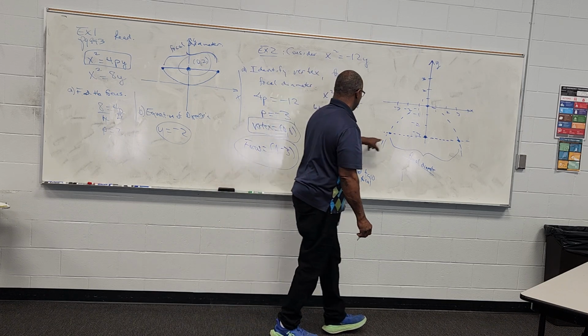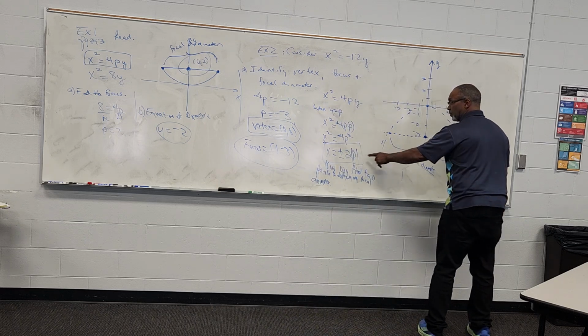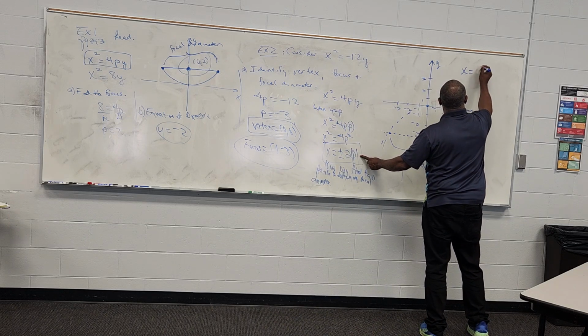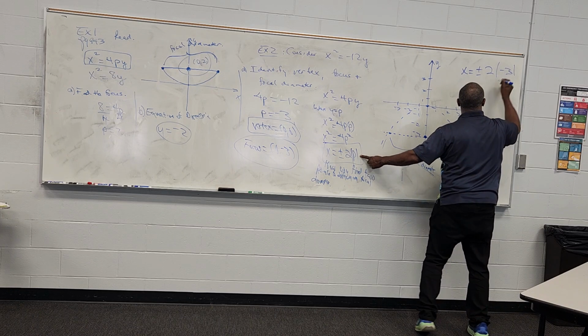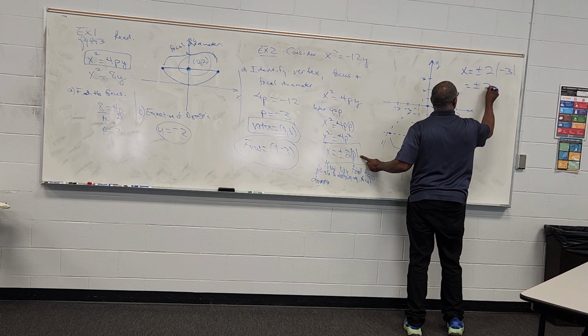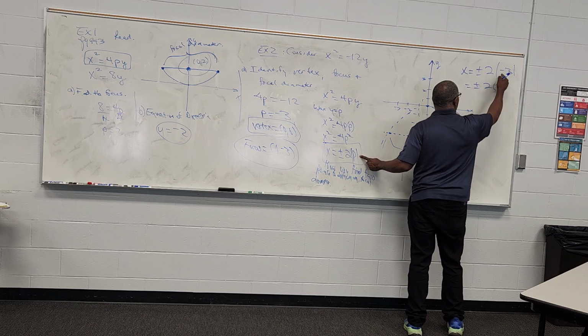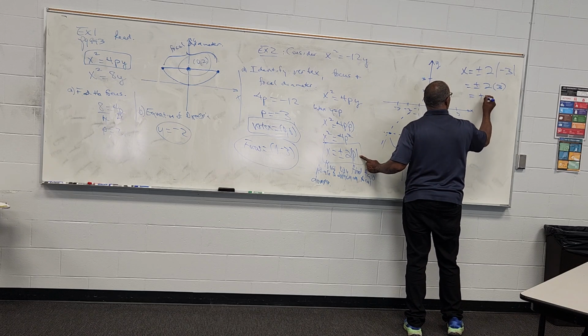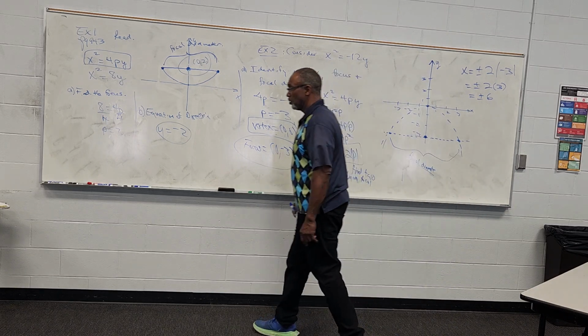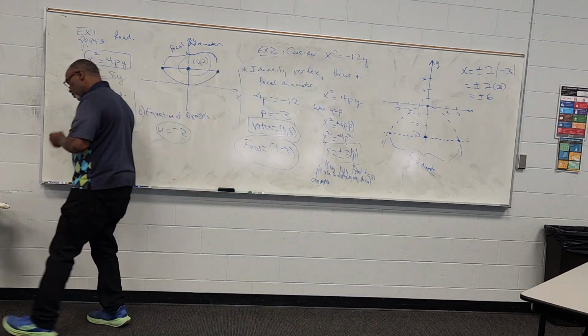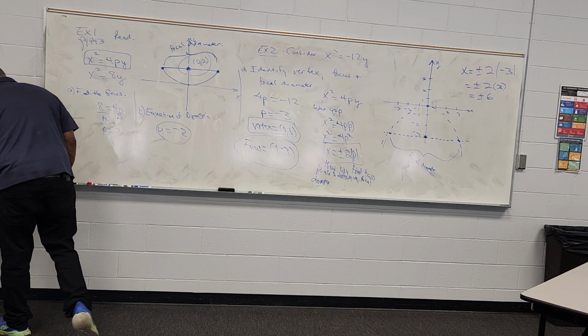So what do I mean? In this case, p was negative 3. So x should be plus or minus 2 times the absolute value of negative 3. Plus or minus 2 times 3, because the absolute value of negative 3 is 3. So plus or minus 6 should be my focal diameter.